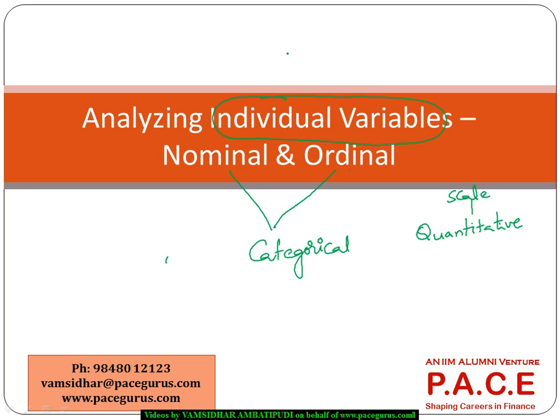It's always advised that we understand these variables in isolation before taking them as a part of our conclusion making process or even our forecasting or prediction processes. So in this chapter, I would be covering primarily the nominal and ordinal variables, what all we can do on one variable at a time, and in the next session, I would be dealing with the scale variables.